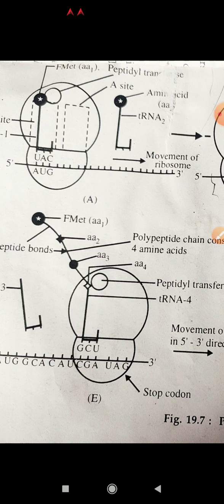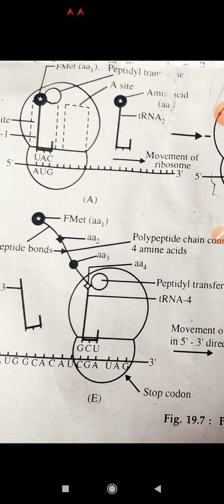These termination codons are present on mRNA. They are either UAA, UAG or UGA. These three are the termination codons.